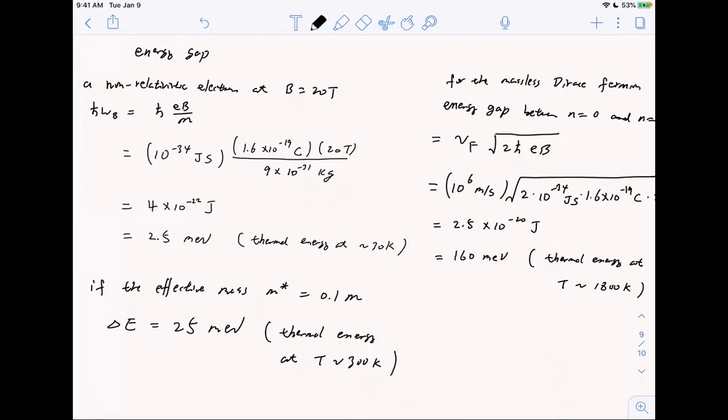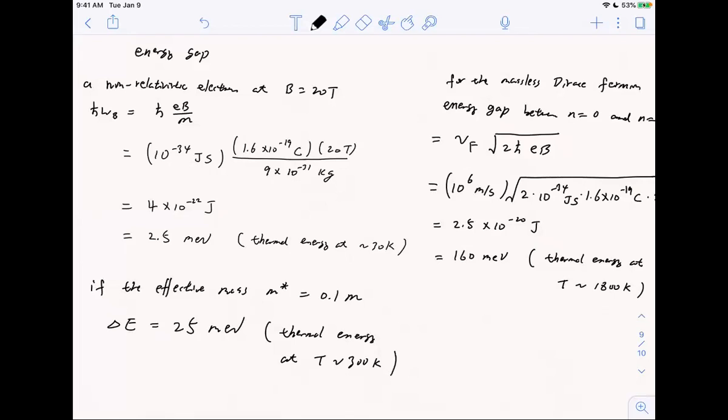So that means in graphene, it's much easier to observe the Landau level because the spacing is big. Okay, so that is one key feature. So actually, people can observe the quantum Hall effect in graphene even at room temperature. I mean, this is one factor. Of course, they need to apply a very high magnetic field. But this is one significant factor because the spacing is big.